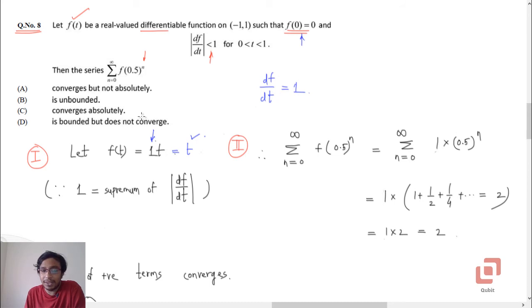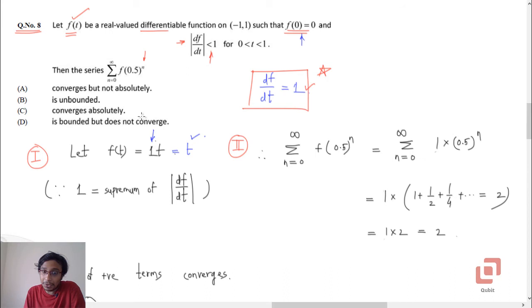Okay, so this can be the maximum possible rate at which the function can increase. So all values of f of t that we are going to consider will grow at a rate which will be lesser in magnitude than 1. That is given in the problem.